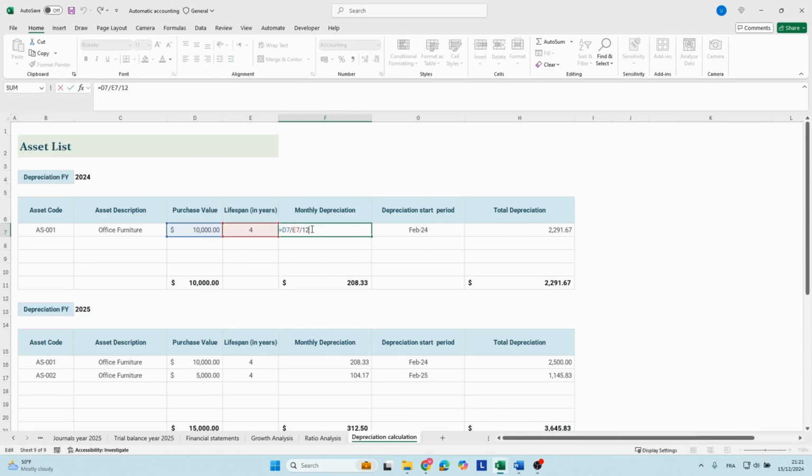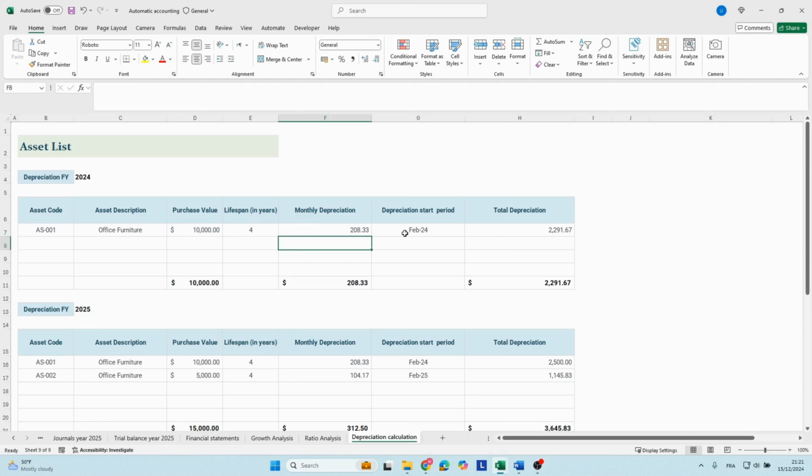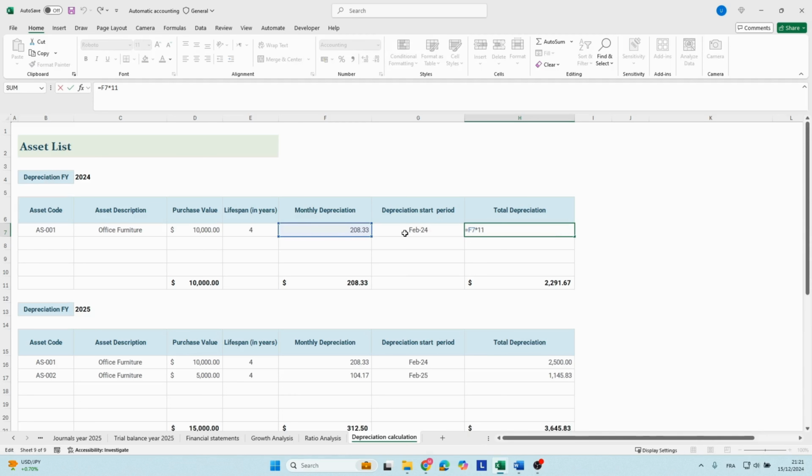Then we calculate the monthly depreciation, and the depreciation start period is February, because we purchased it in the middle of January, so we start depreciating this fixed asset in February. So the total depreciation for the year will be the monthly depreciation multiplied by 11 months, that means from February to December.